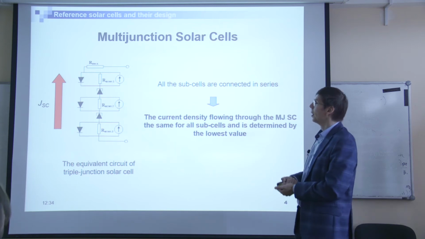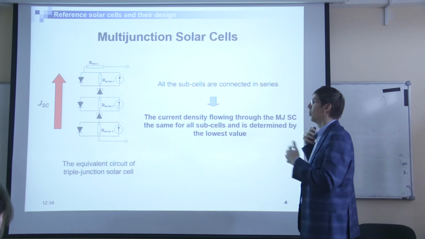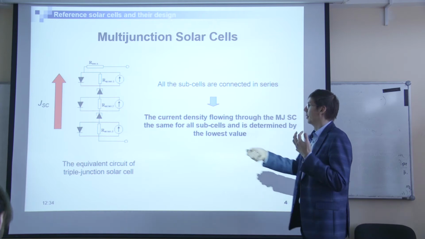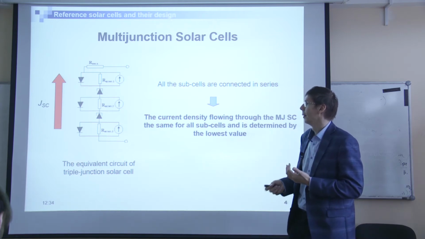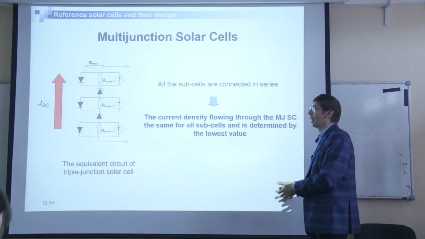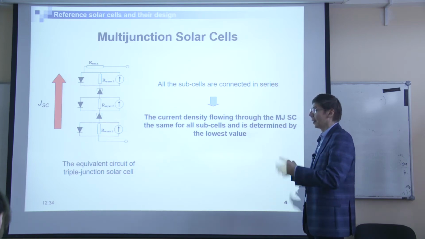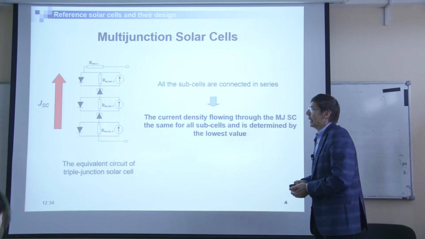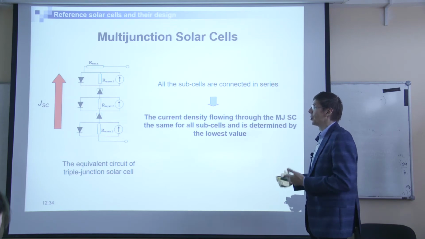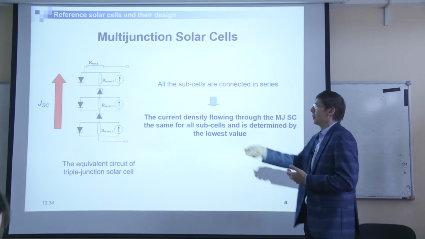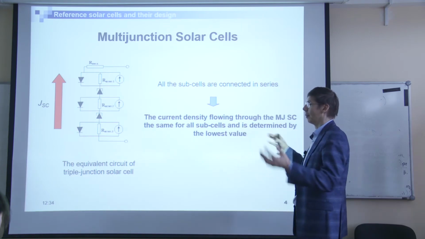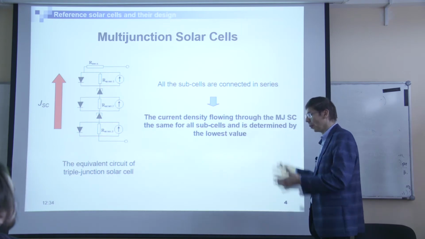So it means that if for some reason one of the junctions absorbs less light compared to reference condition, in this case the current of the whole device would be lower.